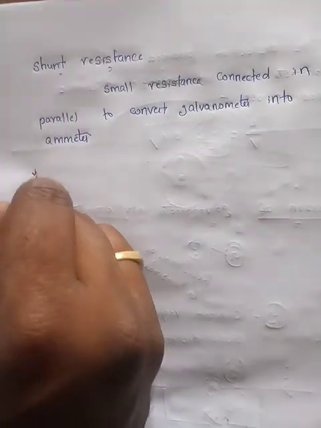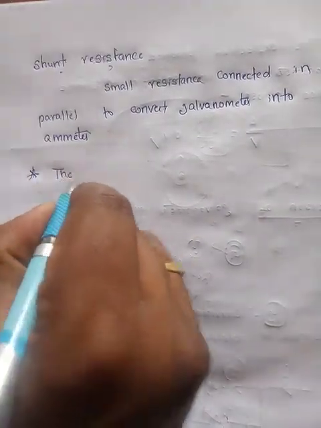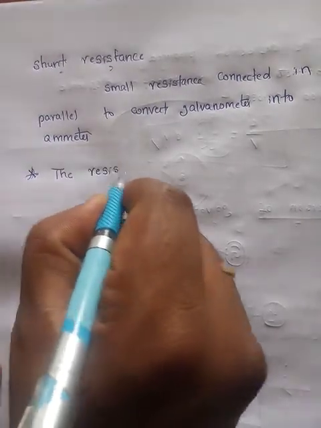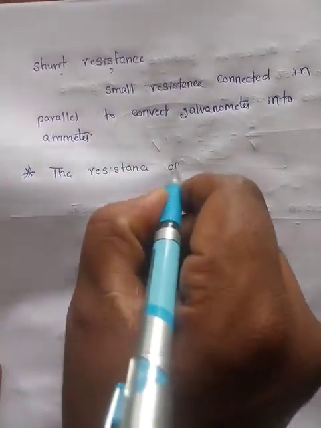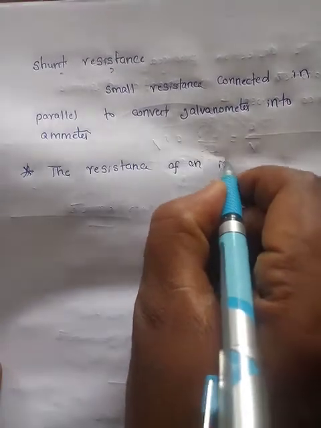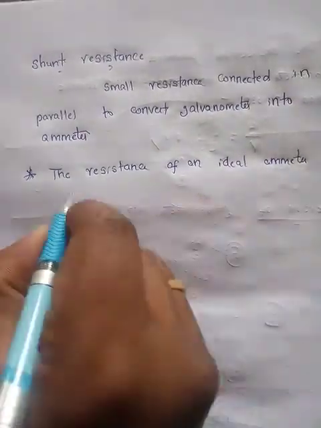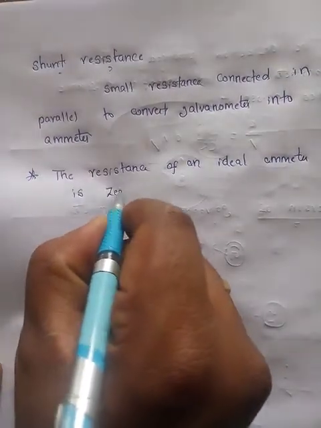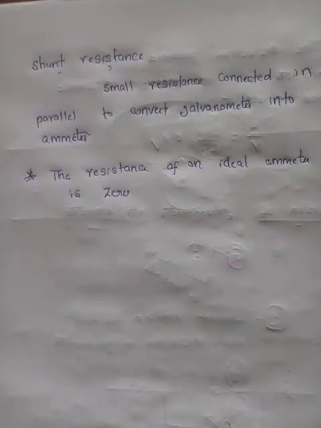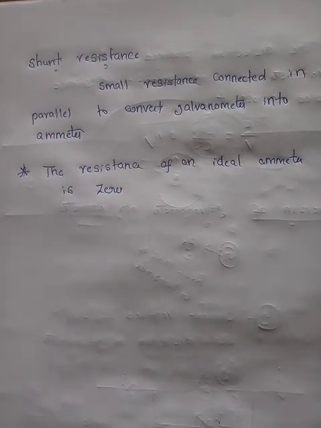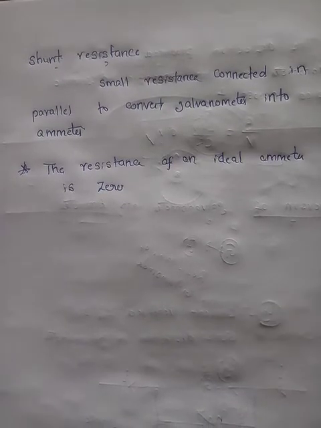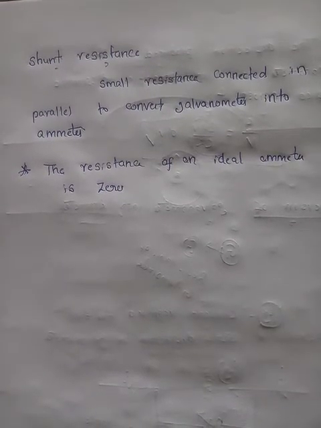And a very important point, one mark: the resistance of an ideal ammeter is 0. An ammeter is a device used to measure current, and the resistance of an ideal ammeter is 0. So we can write only three statements for this. This is important for 3 marks.